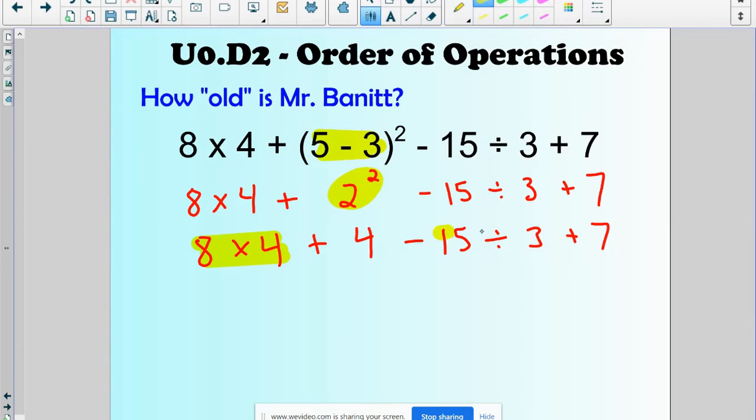We also have a division later on, and they are independent of one another, we can kind of do those at the same time, but work the one on the left first. So 8 times 4 is 32. We bring down the plus 4 and the subtraction sign, and now we do the division. 15 divided by 3 is 5, and bring down the plus 7.